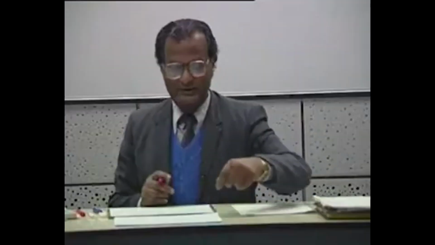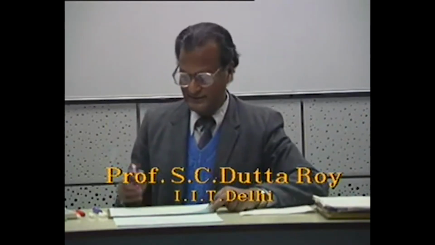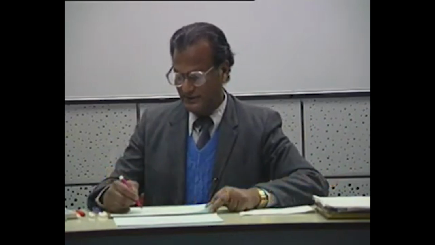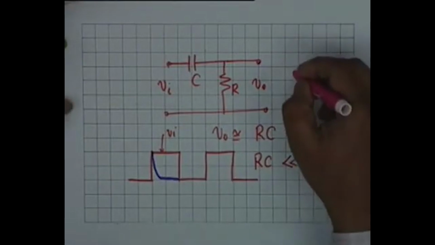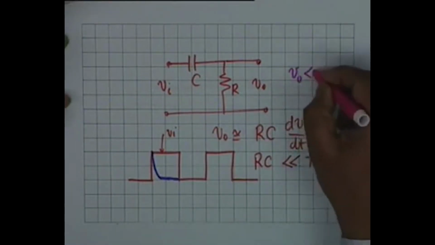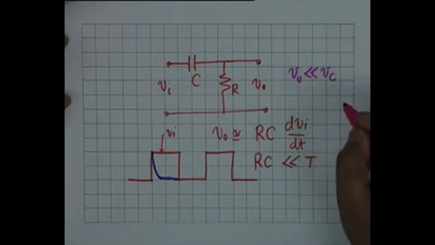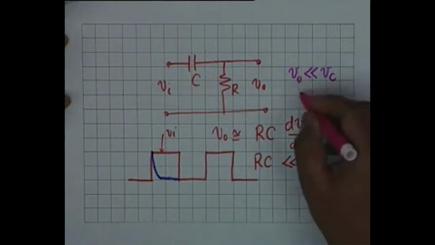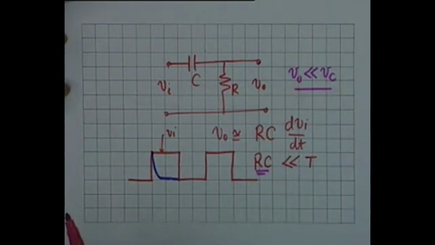This is the differentiating circuit. Now if you recall, in the differentiating circuit, the condition under which the circuit differentiates is that V0 should be much less compared to Vc, or the product RC should be much less than capital T. Question is, can we obviate this constraint?